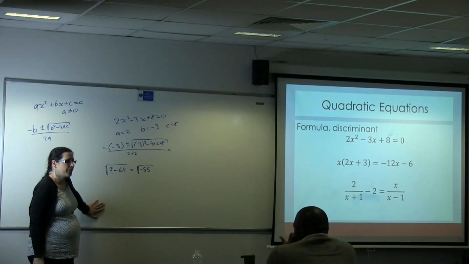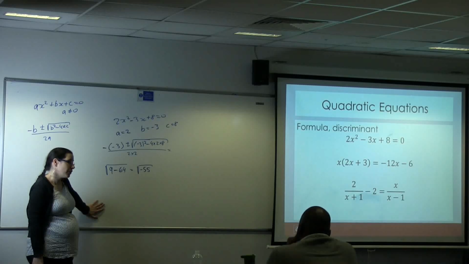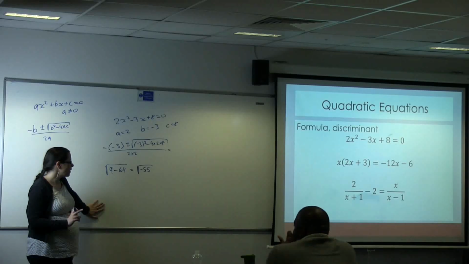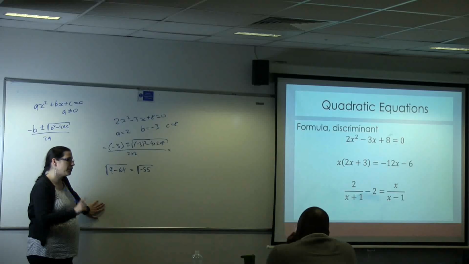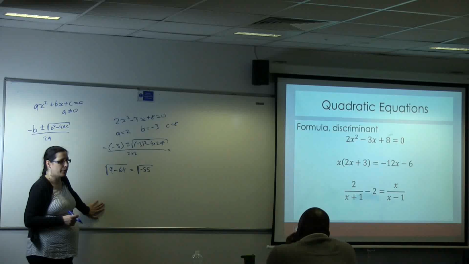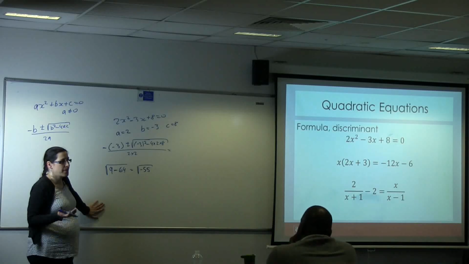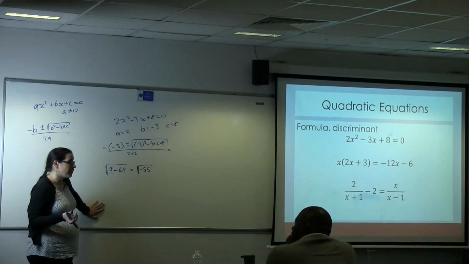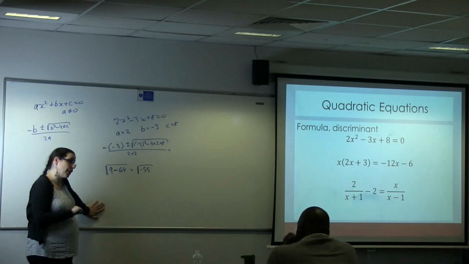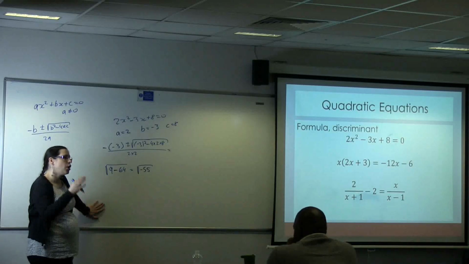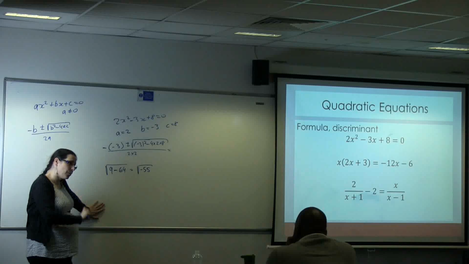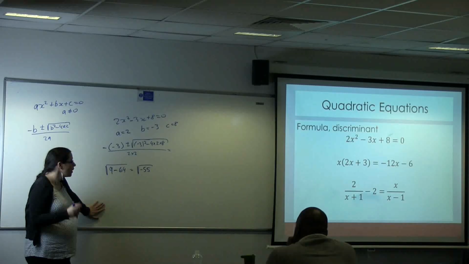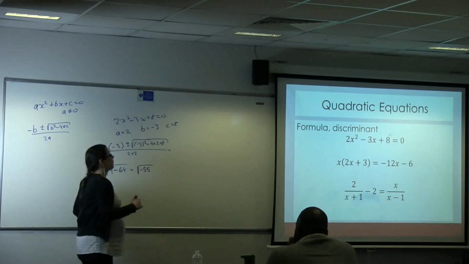Now, can I take a square root of a negative number? No, I can't. Because the square root is, what number do I have to multiply by itself twice to have -55? And to have a negative number, I have to multiply a positive and a negative together. Even if it's the same number, size-wise, one has to be positive, the other has to be negative. So what's going on in here?